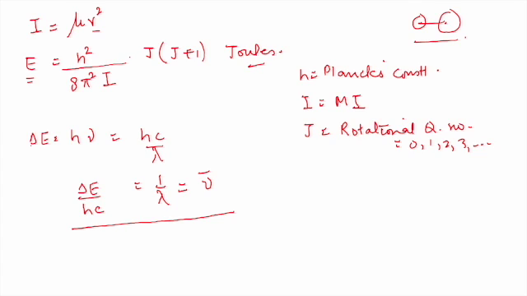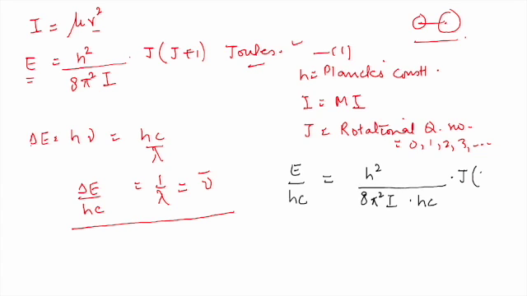Now I substitute this into equation number 1. I divide both sides by hc because I want to convert it into centimeter inverse. So E upon hc is equal to h square upon 8 pi square I into hc, multiplied by J into J plus 1.